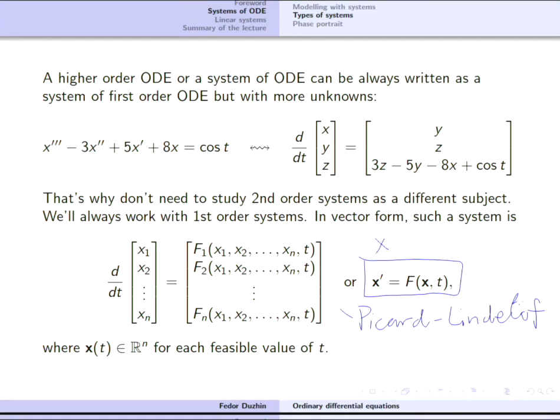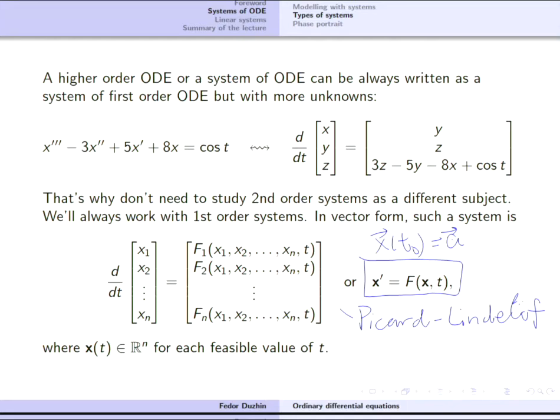Let me denote the fact that it is a vector by an arrow. Suppose that the vector x evaluated at t0 is given, some a. Then that is an initial condition. By specifying the initial value of the unknown vector, we have introduced the initial value problem.